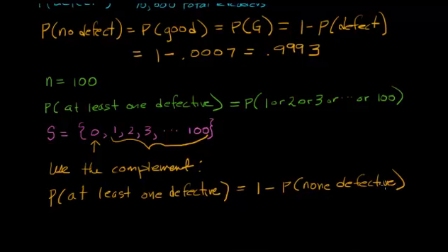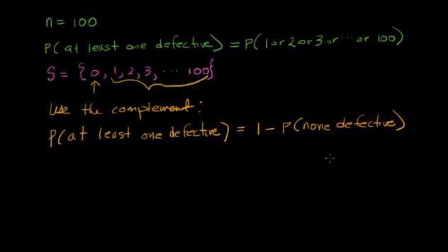Well, wait a minute. If none are defective, what that means is that they opened the box and the first one was good, and the second one was good, and the third one was good, on and on and on. Let's see what we're saying here. So they opened the box, the probability none defective, to come to that conclusion, then you had to find the probability that the first one was good.